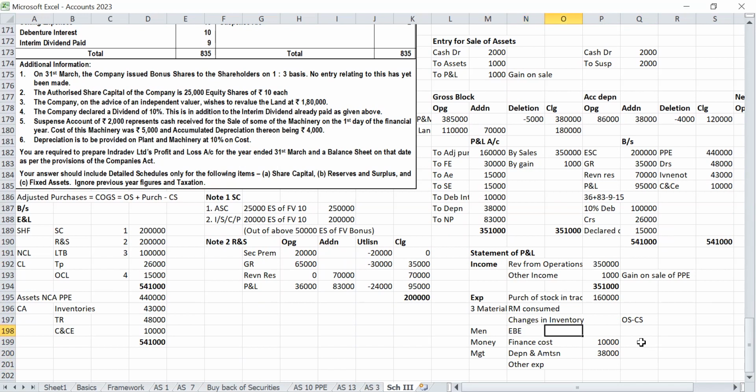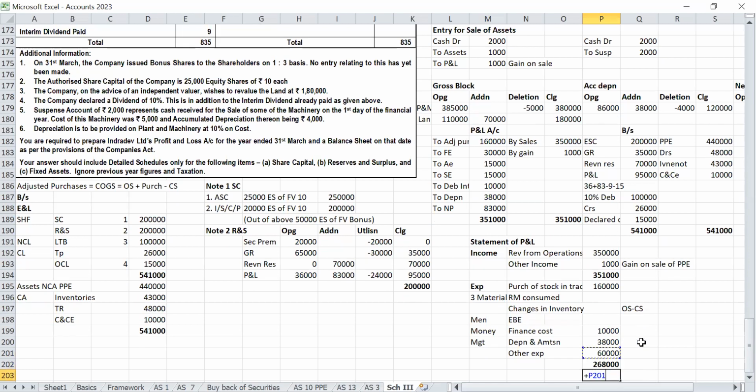Then in this question there is no salary, raw material consumed, changes in inventory, opening and closing, it is not there. So everything, factory, everything you have to include under other expenses. So factory expenses 13, administrative 15, selling 15. That's it. So total expenditure will be 2,68,000.